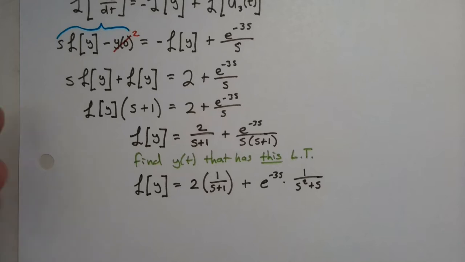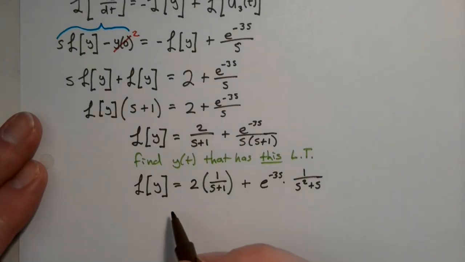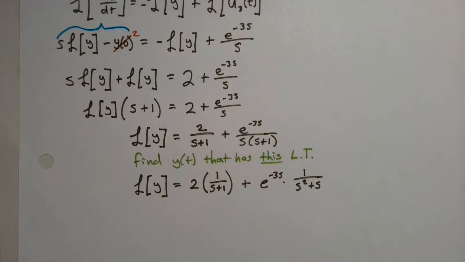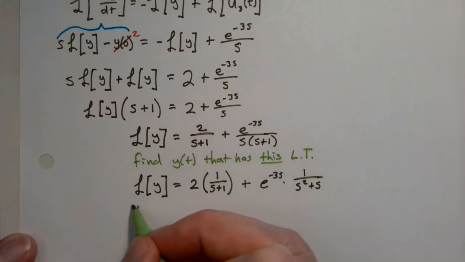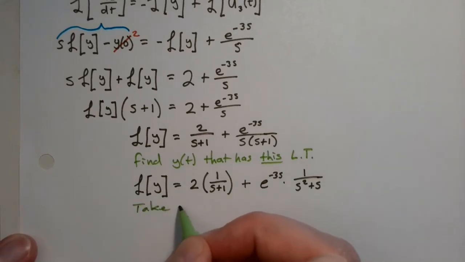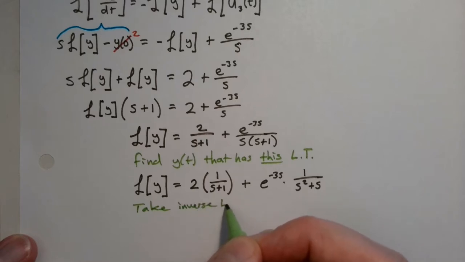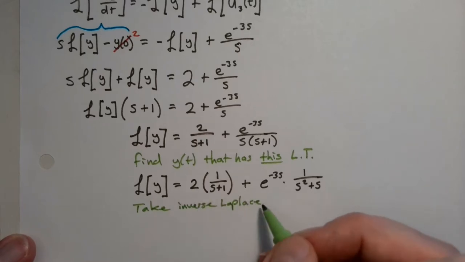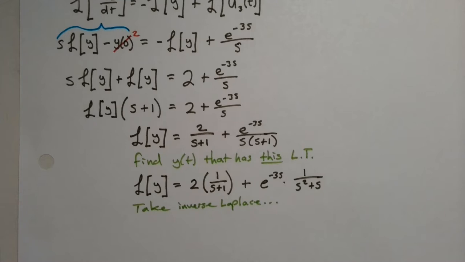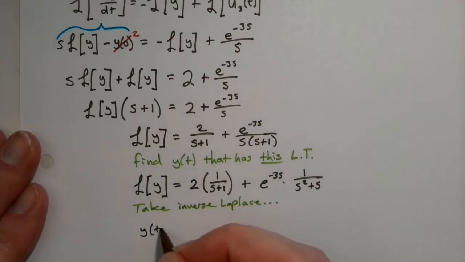And so what I really want to do is take the inverse Laplace of both sides. And when I do that, I'm going to be left with y of t on the left-hand side.